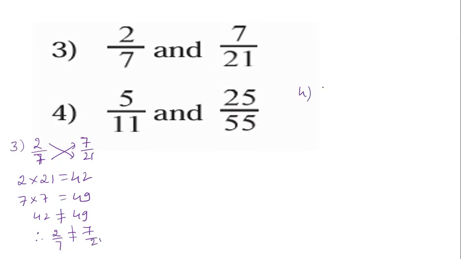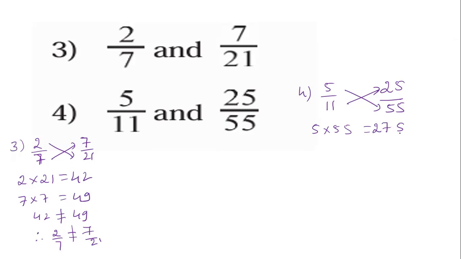Next, the fourth one, 5 by 11 and 25 by 55. Cross multiply. 5 into 55: 5 5s are 25, carry 2, 5 5s are 25, plus 2, 27.